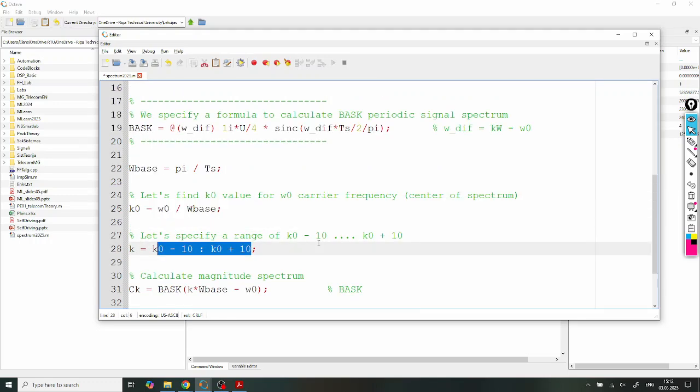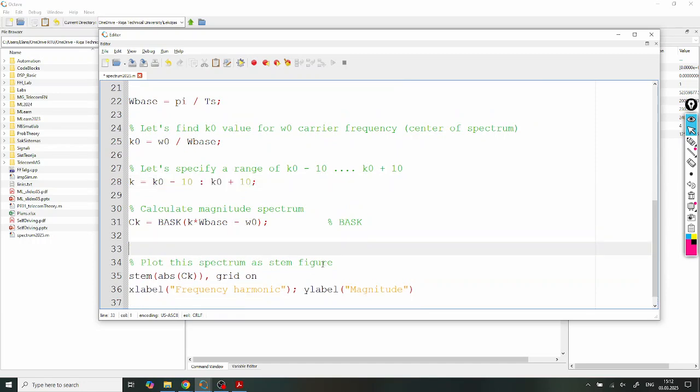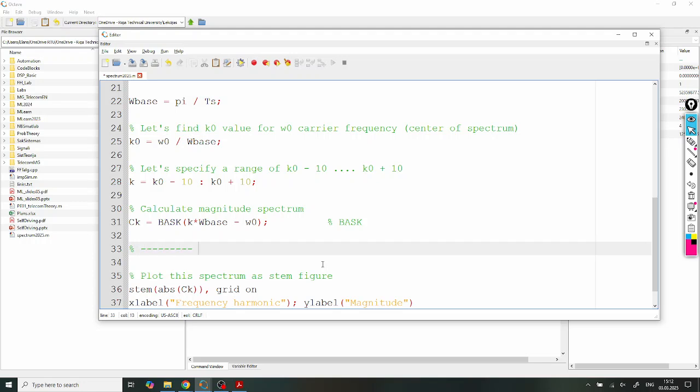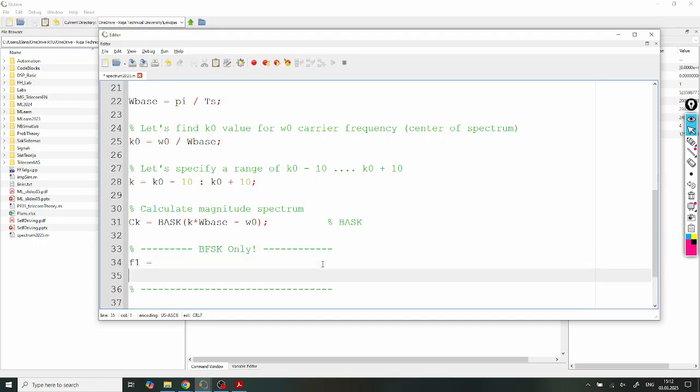However, if you have frequency shift keying, yes, then, so let me specify BFSK only, then you need to calculate frequency f1 and frequency f2. And accordingly, well, we might as well start with omega 1 and omega 2 so that we don't have to convert them. Yes, so basically, we need to calculate them.